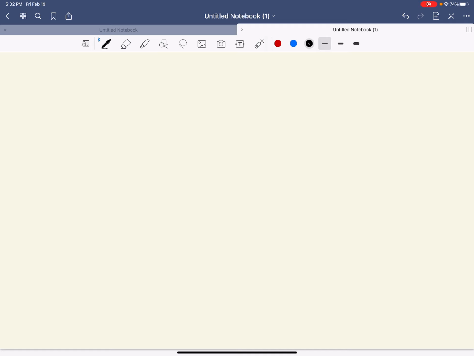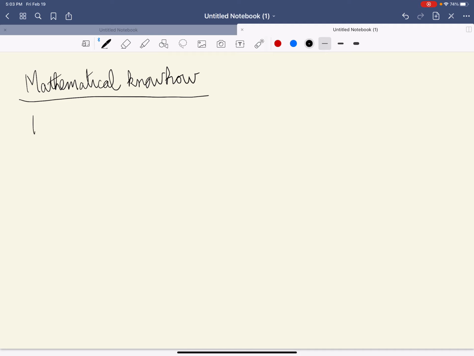Okay, maybe a nice bit of mathematical knowledge, or maybe I should say mathematical know-how, is the following. You can prove that the product of these three matrices, where Hadamard was, if you remember, is the sum of the X and Z matrices.